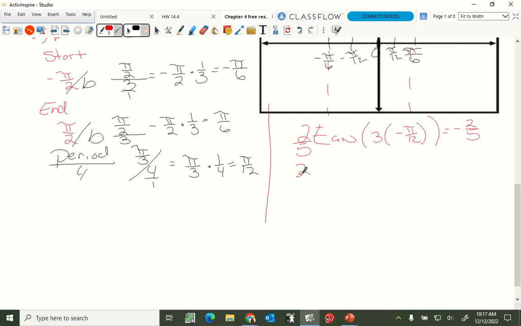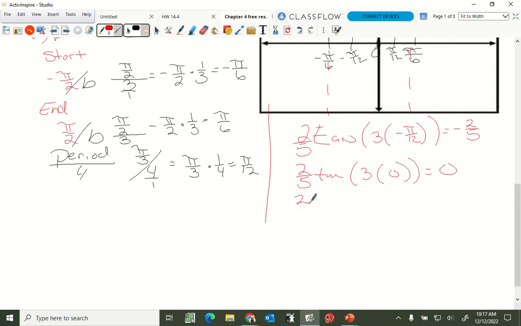Next one is 2 over 5 tangent 3 times 0. So 3 times 0 is 0, tangent at 0, y over x, the y value is 0, the x value is 1. That is going to be 0 times 2/5 is 0.